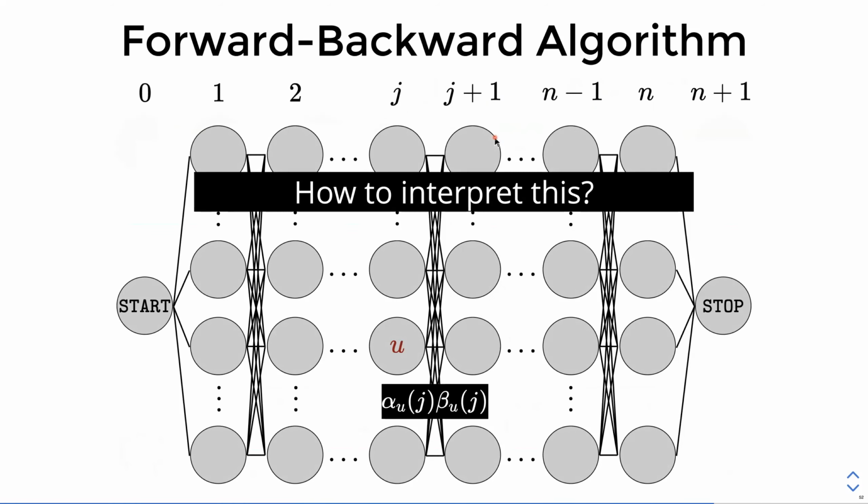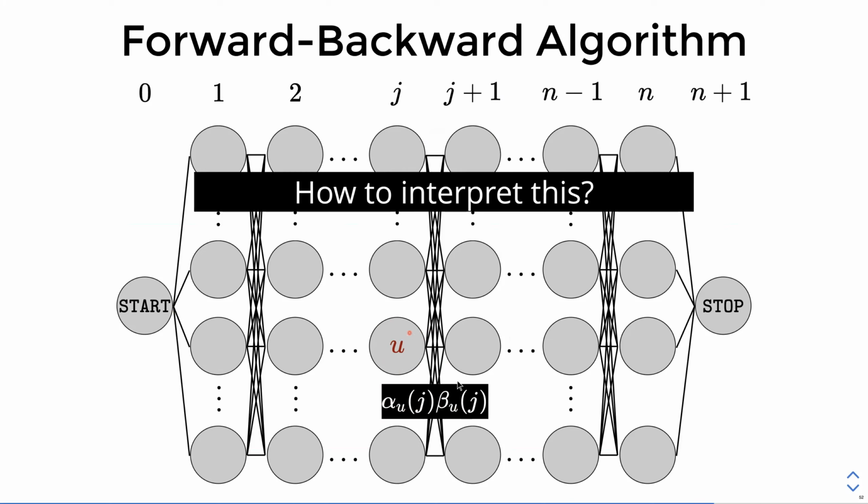Now, coming back to the question we discussed before, I want to ask you this first. We know the semantics of alpha and beta now. Alpha uj, looking at this node, is the sum of the scores of all the paths connecting start and this node.